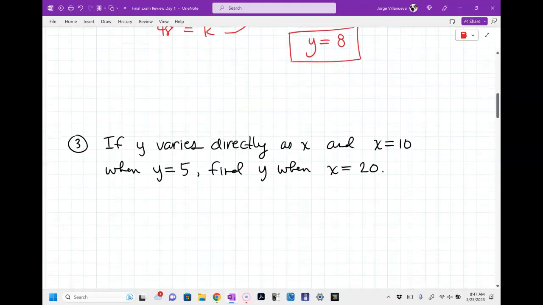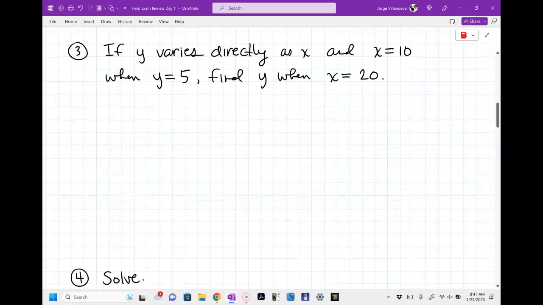All right, question number 3. If y varies directly as x, so this is direct variation, not inverse variation. So if y varies directly as x, and x equals 10 when y equals 5, find y when x equals 20.